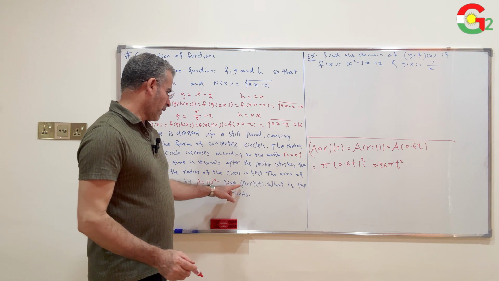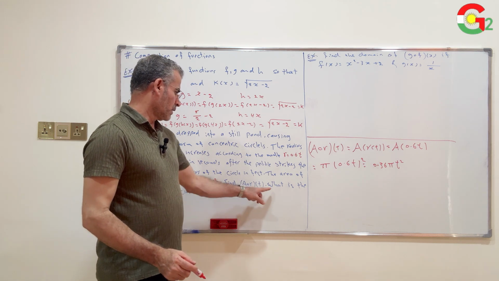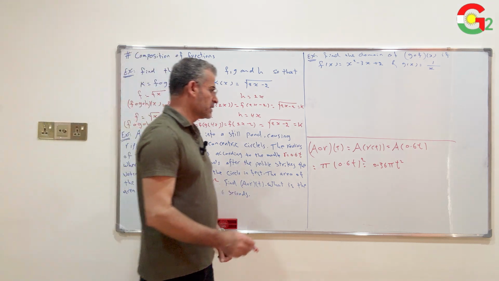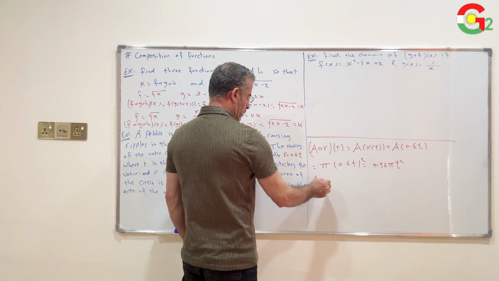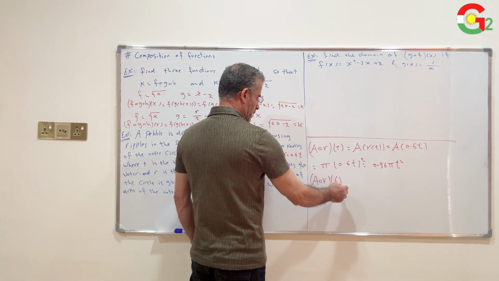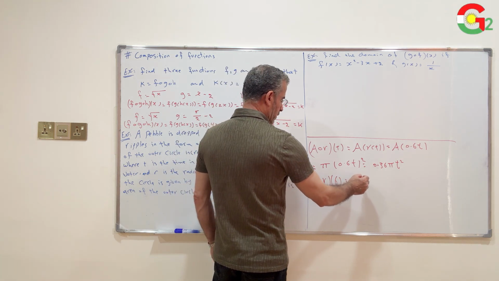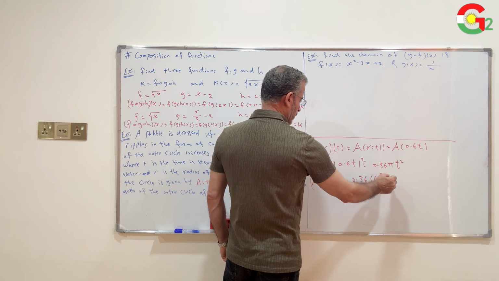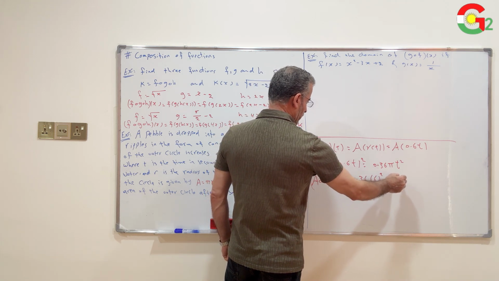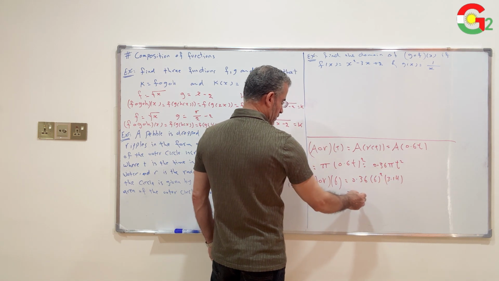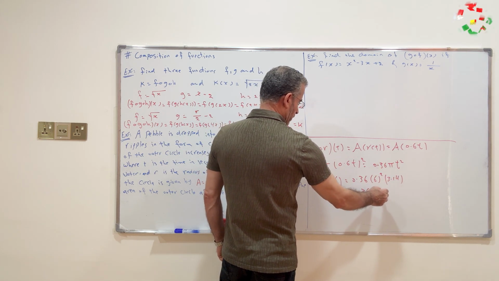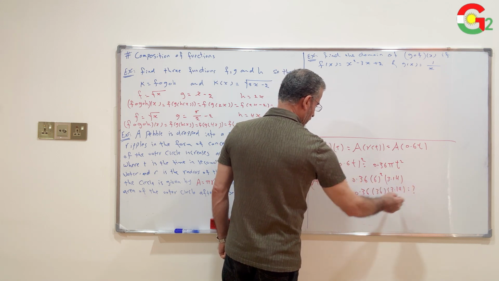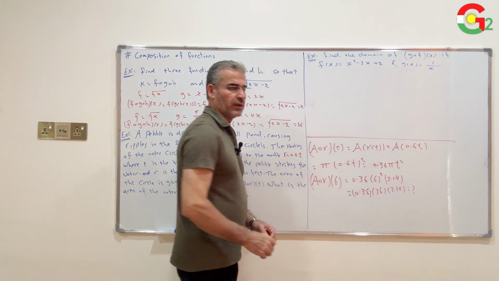The second part: find (A of r) of 6, the area of the outer circle after 6 seconds. That is 0.36 times 6 to the power 2 times pi, 3.14, equal to 0.36 times 36 times 3.14. You can find the result from a calculator.